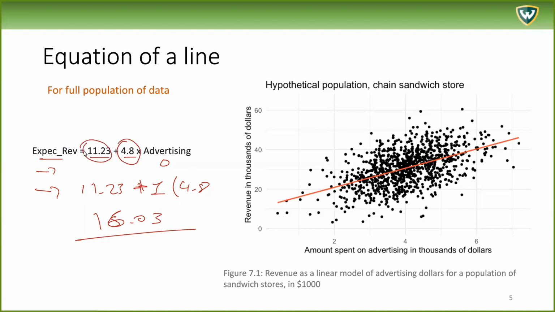And the y-intercept as well. So when x is 0, what is going to be the value of the expected revenue? And then so on and so on. And that's kind of the beautiful thing about the equation and the variables that we can identify. Well, what if we spend $6,000 in advertising? Well, then put 6 here, 6 times 4.8 plus 11.23, and then you get that result.